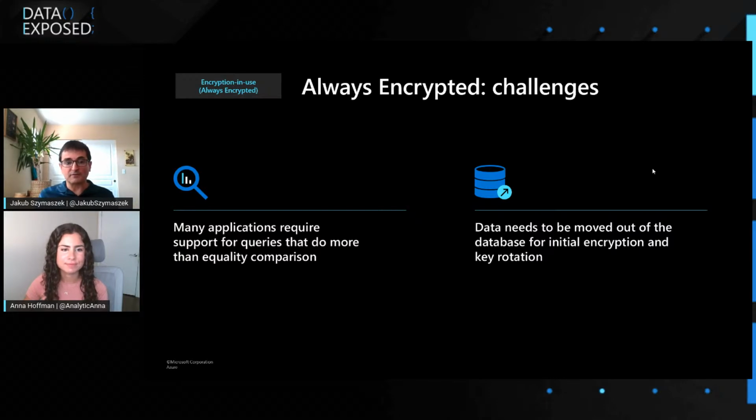And the only option customers had was to move the data from the database to the client side and do these richer computations on the client side, which of course is very expensive and inefficient from the performance point of view, and quite often, to be honest, infeasible if you have a large data set.